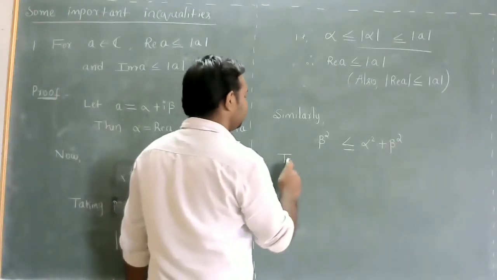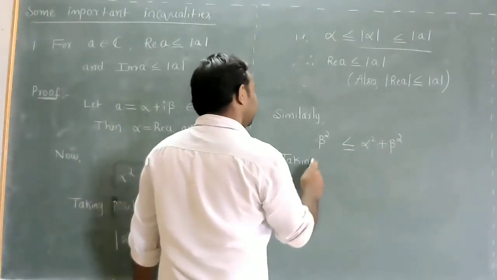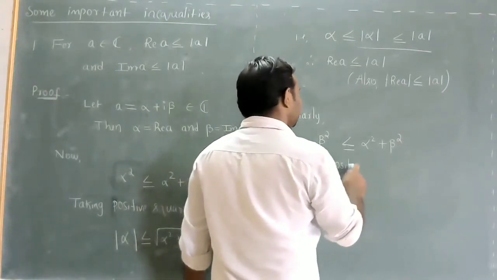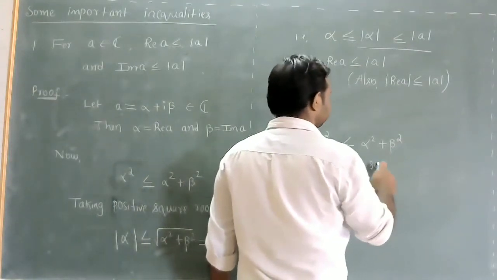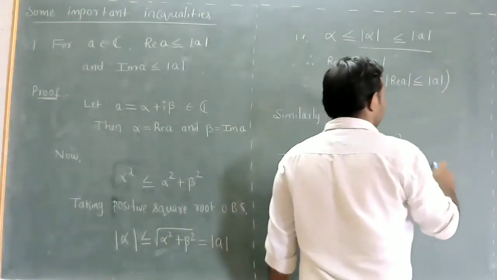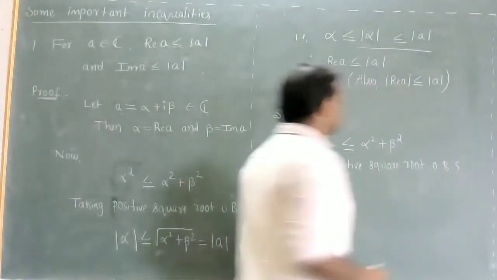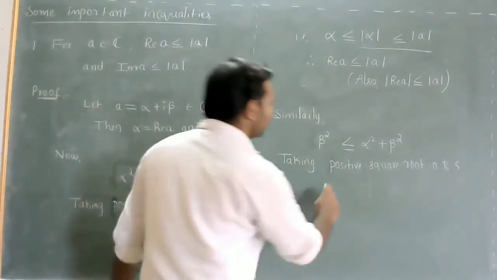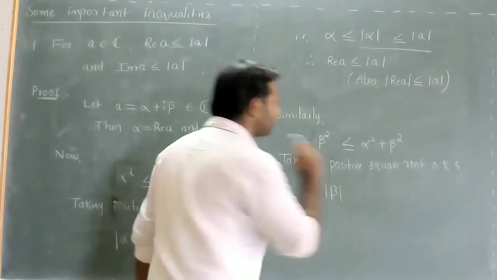Once again taking positive square root on both sides. So positive square root of beta square is absolute value of beta.